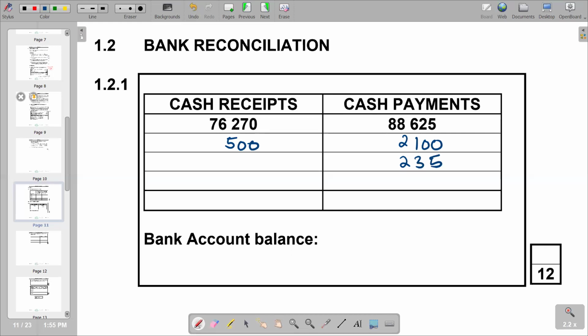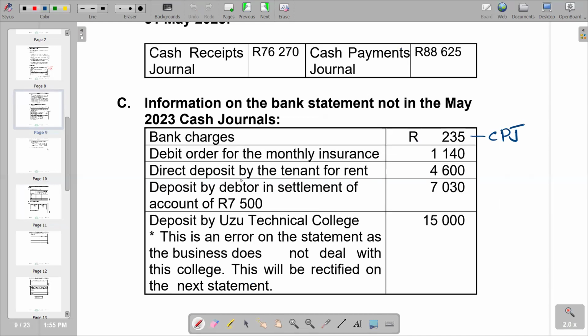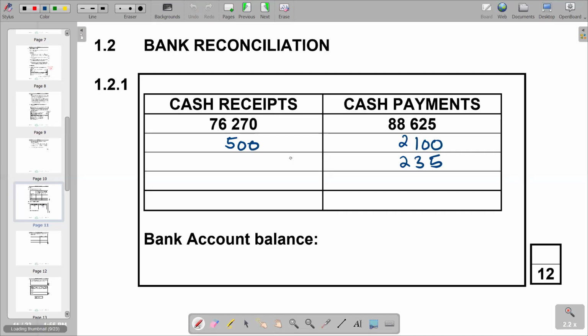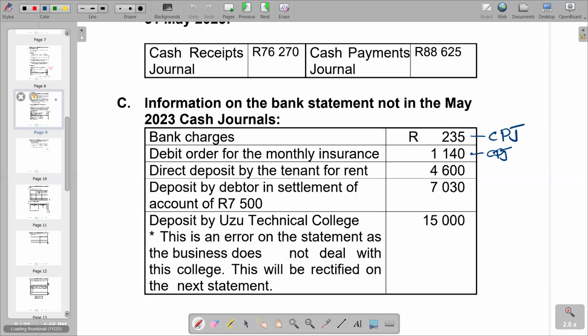Then the next one, we've got a debit order for the monthly insurance. A debit order will be on the debit side again of the bank statement, and obviously it should go to the CPJ, 1,140. And we go to the next one, which is a direct deposit by the tenant for rent, 4,600.